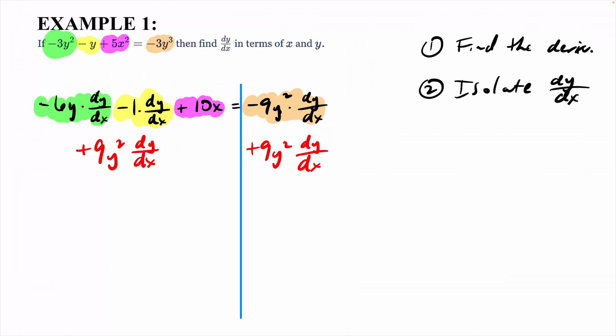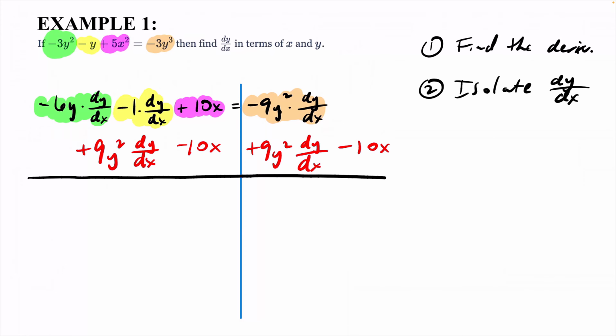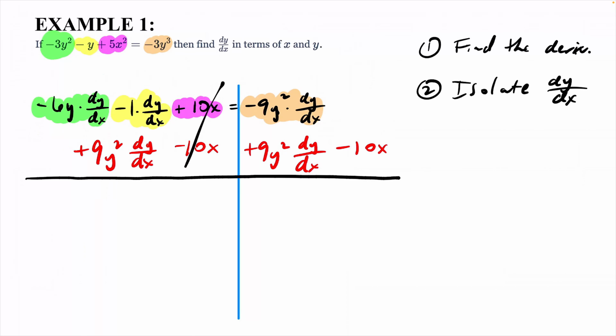And then I'm going to subtract 10x from both sides. Okay. So positive 10x minus 10x, 0. Negative 9y squared, positive 9y squared, 0.